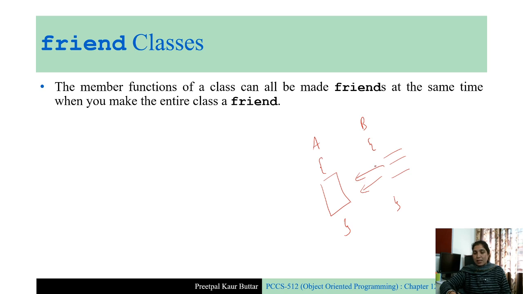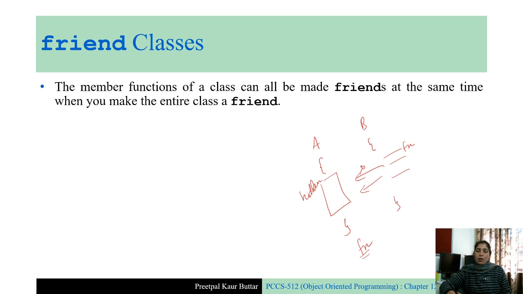No, they cannot. Because the data is hidden inside A. It can only be accessed by the member functions of class A. It cannot be accessed from any function outside this class. Whether this function is a global function or inside any other class, it cannot access the hidden data of class A.